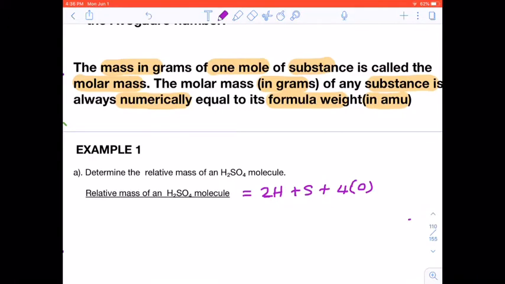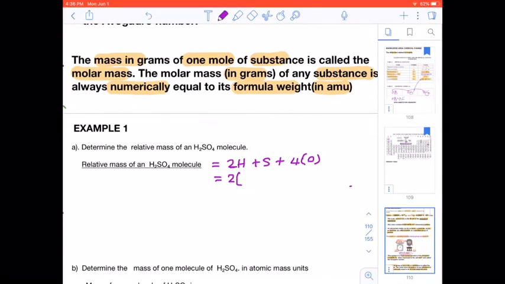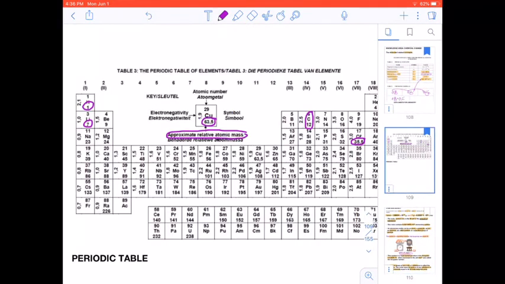Now we want to know the mass of hydrogen. So it's 2. What is its relative atomic mass? We look at it and say, okay, it is 1.